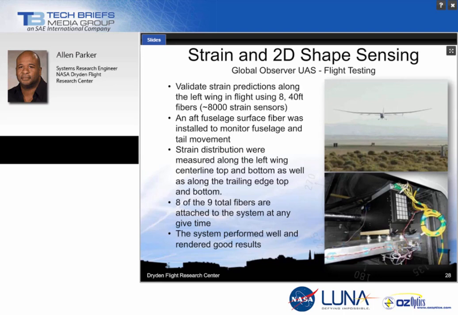We also instrumented the fuselage with a single 40-foot long fiber, which gave us a total of 9 fibers on that particular installation. And that fuselage fiber was there to monitor any type of tail movement that was occurring during flight. By the way, Global Observer had its first flight back in August of 2010, and the system was on board for that first flight and all the subsequent flights after that, and it performed very, very well.